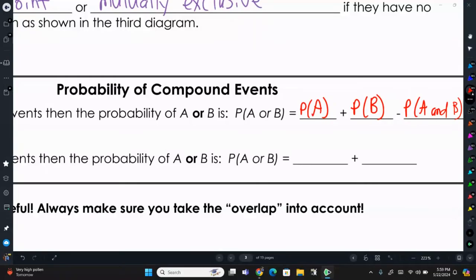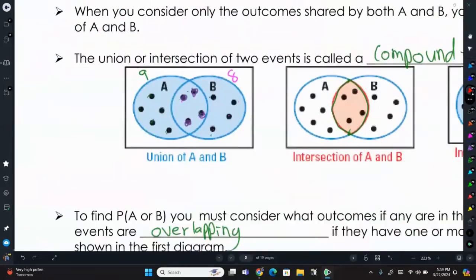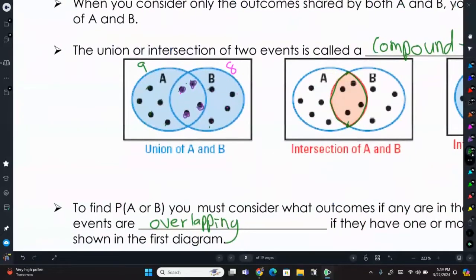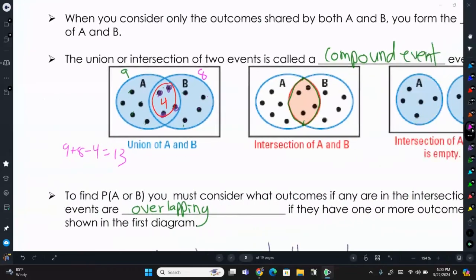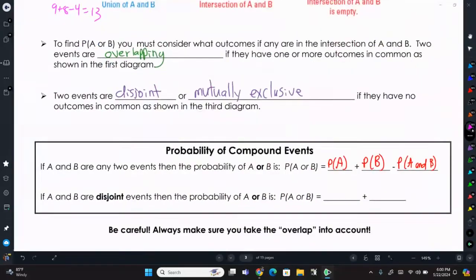So going back up here, there are 4 items in the center. And if we do 9 plus 8 minus 4, that does give us 13, which is what we get when we count all of the dots in this Venn diagram. So by subtracting the intersection, it gets rid of the overlap or the duplications.